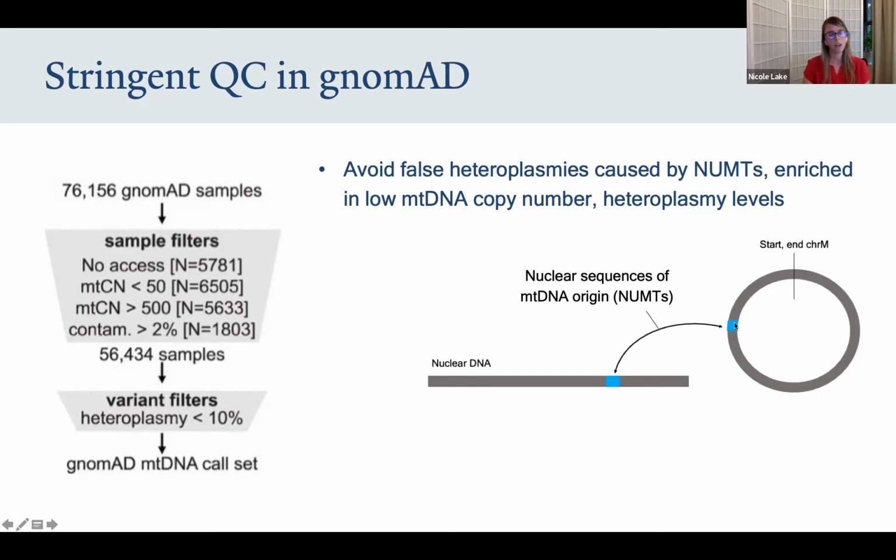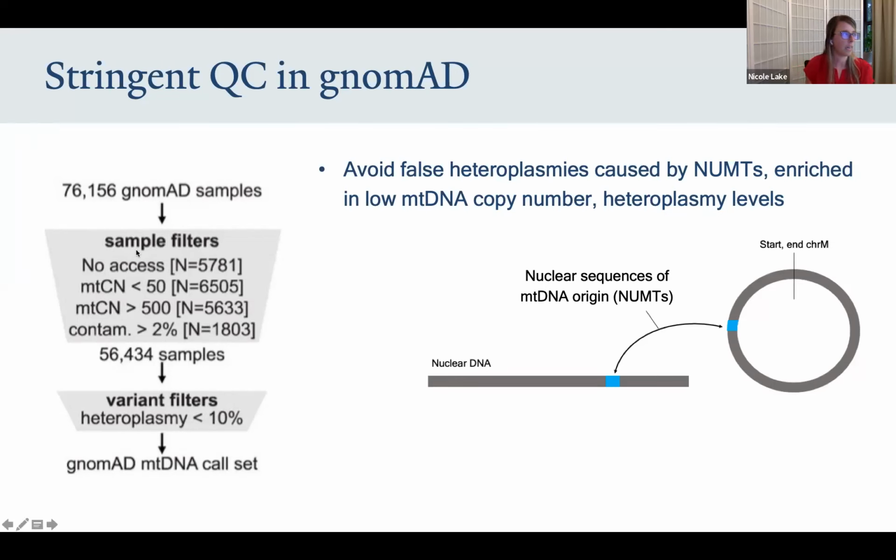mitochondria. And so from our analysis, we found that samples that had low mitochondrial copy number, so that's the relative ratio of mitochondrial molecules to the nuclear genome, as well as variants that had low heteroplasmy levels, that these were highly enriched in these false positive heteroplasmy calls.